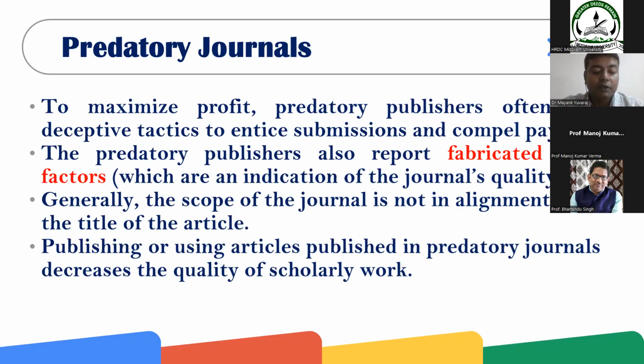A journal publishing articles in library science cannot publish an article in physics, but these predatory journals can do anything. Their scope will be something, and the titles of the papers will be completely different.